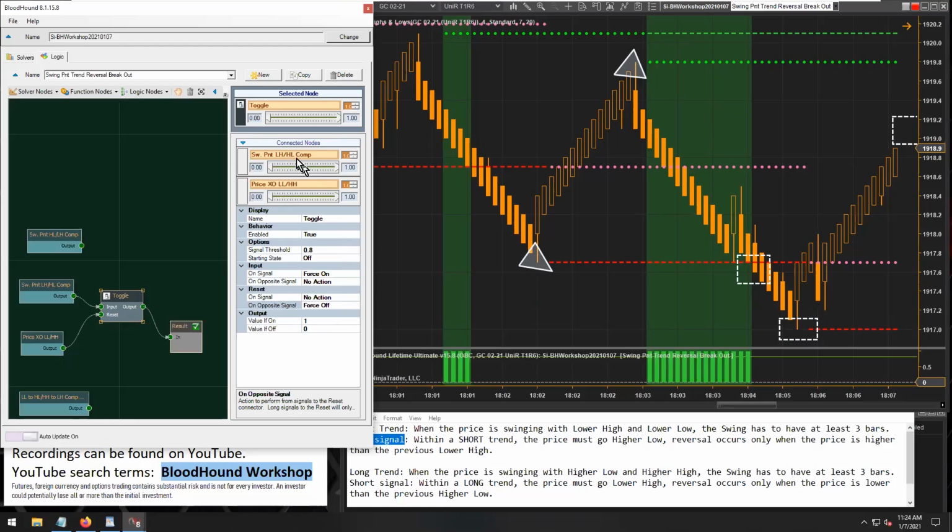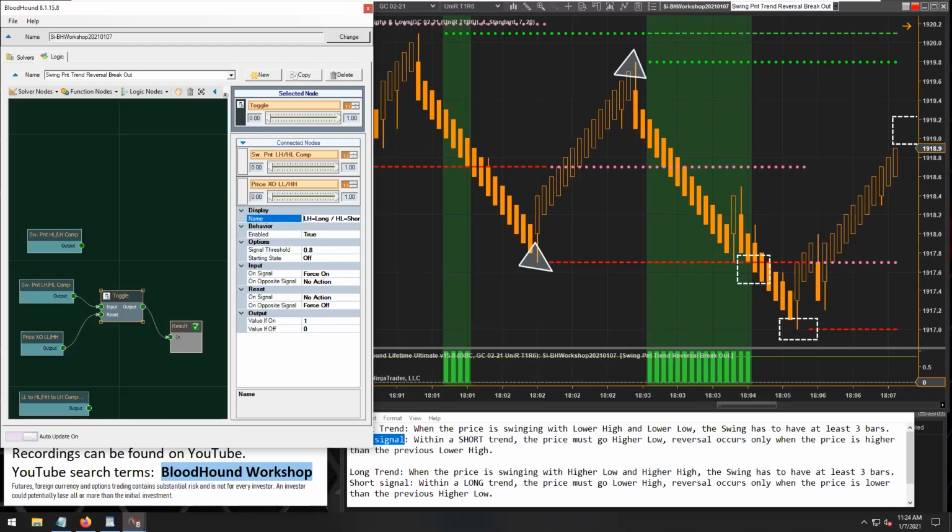So remember, this toggle node, let's name this: this is finding lower highs and/or higher lows. Normally I don't do this one by naming convention, but I think it'll help explain what this toggle node is doing a little better.